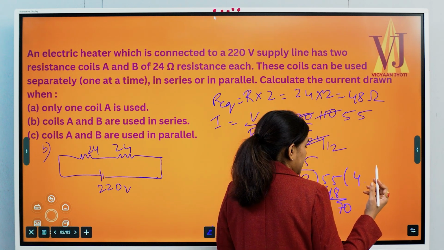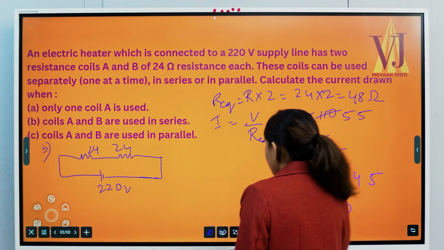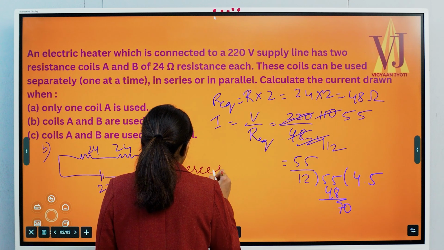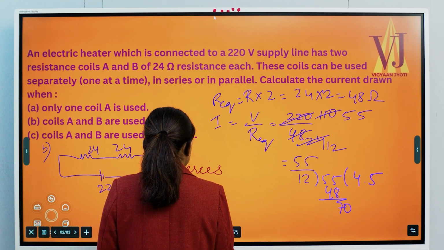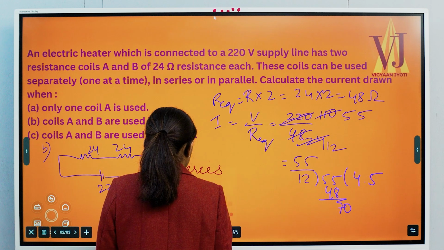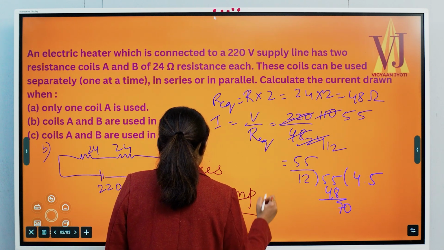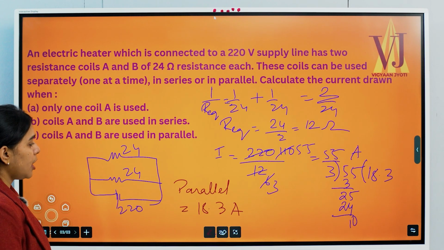Next, for series, twelve 6 are 72. So in this case in series we have how much? 4.5 ampere. Clear? So for series it's 4.5. For parallel it's how much? 18.3.